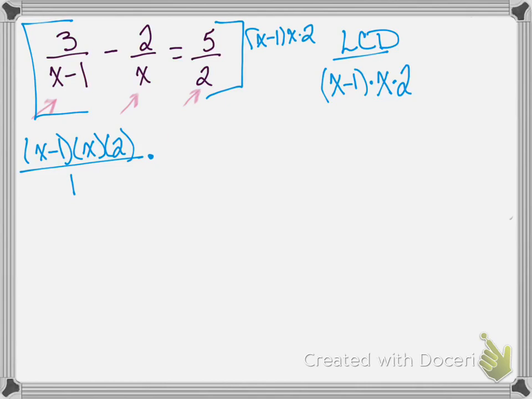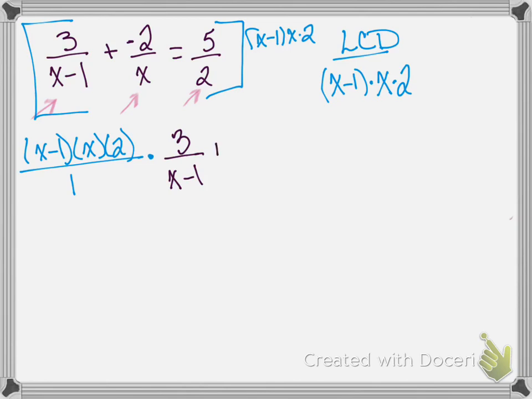So my first term is 3 over x minus 1. Now, do you see that minus in front of that 2? Where should I move that so I don't lose my minus? To the 2. So I'm going to make this plus negative 2.